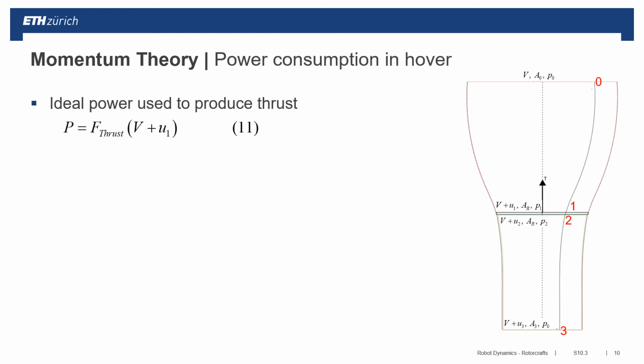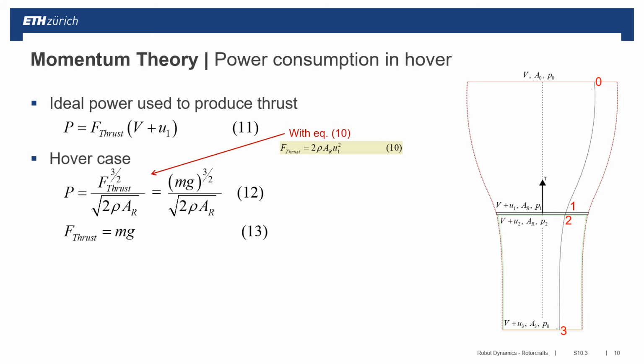In general, we know that the power is the force multiplied by speed. Now, in our specific case of the rotorcraft, the power of the rotor is equal to the thrust force generated by the rotor multiplied by the speed at the rotor.